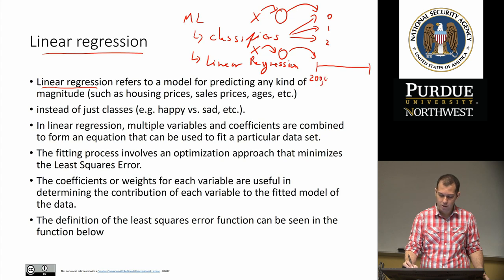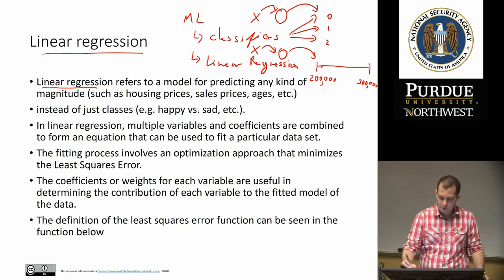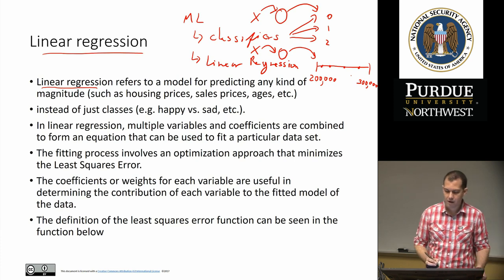So the house might cost somewhere between $200,000 and $300,000, but the value that it can predict can be any one of these: $210,000, $220,000, $250,000, $280,000, etc. So that is really the difference between classifiers and linear regression.